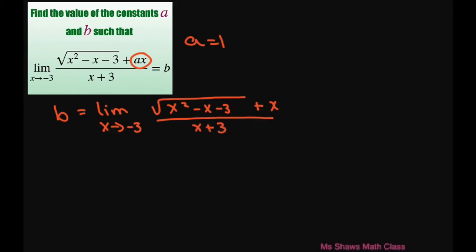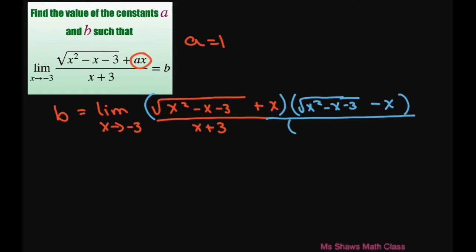Now what I'm going to do is multiply my numerator by the conjugate. That's going to give me the square root of x squared minus x minus 3 minus x. That means I also have to multiply my denominator by the conjugate. So just copy that down, square root of x squared minus x minus 3 minus x.